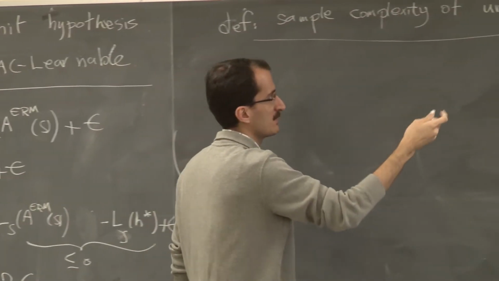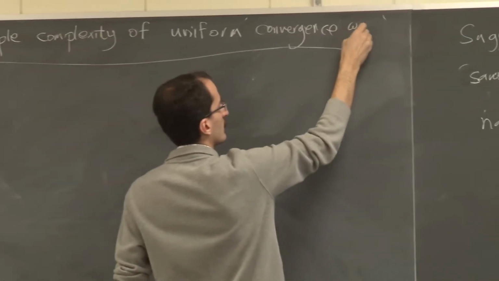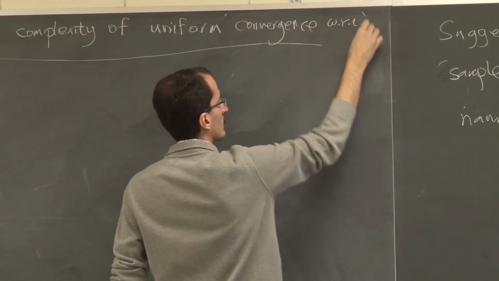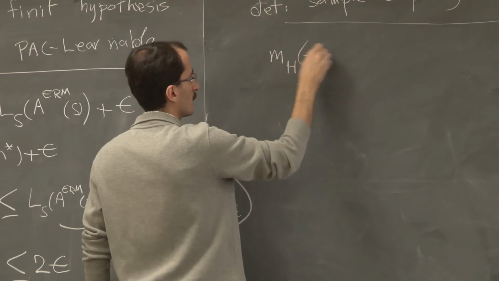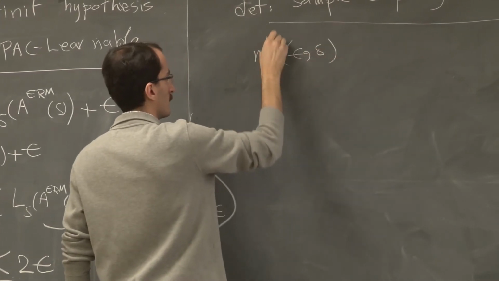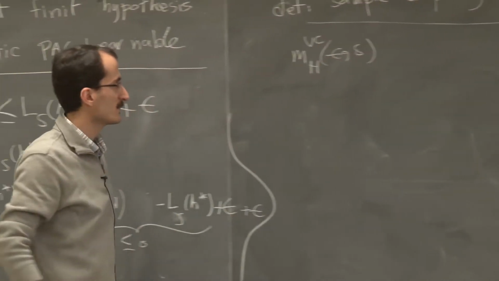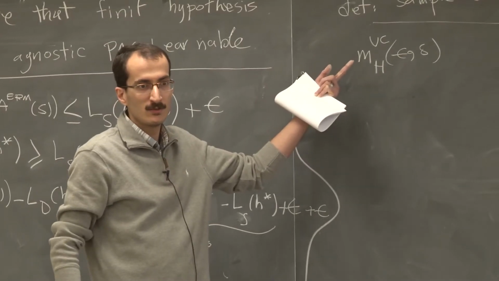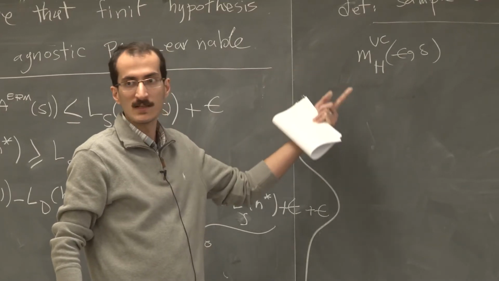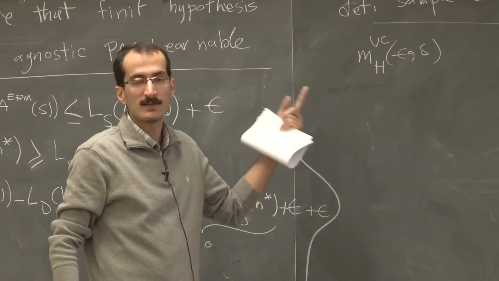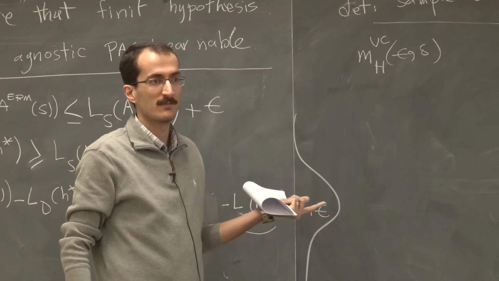So with respect to some H, I put some superscript here to denote not the usual sample complexity, but the sample complexity of uniform convergence.